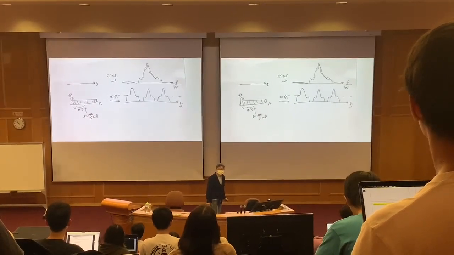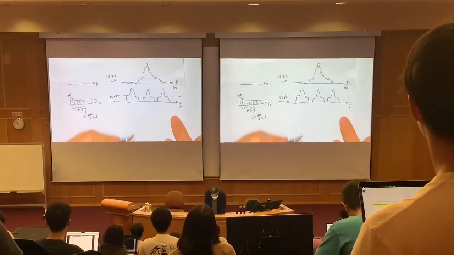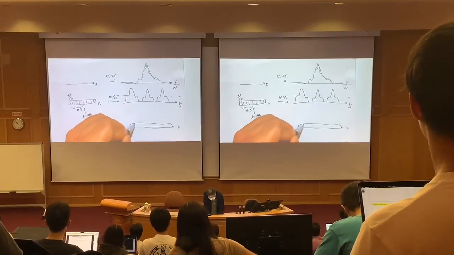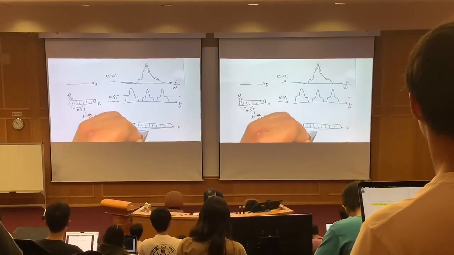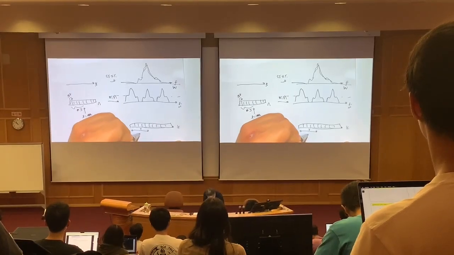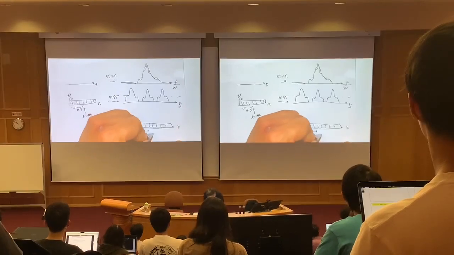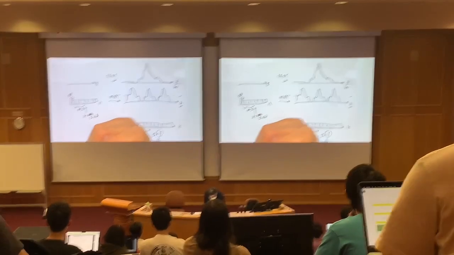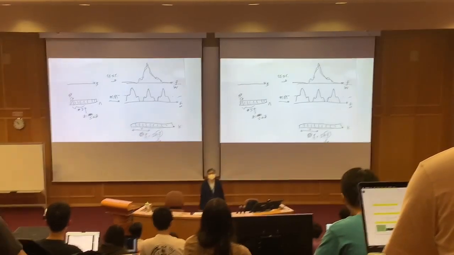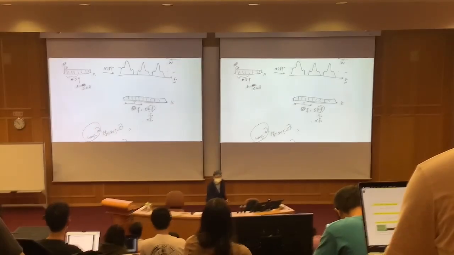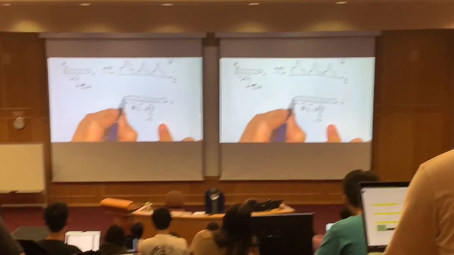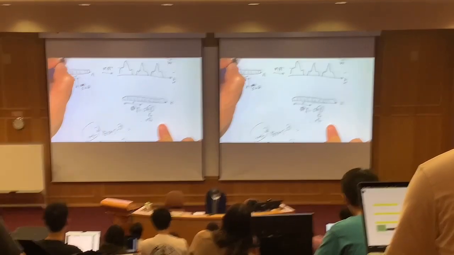Now, if you also discretize this axis by k, so if there are 5 units here, you represent the frequency as 5 times delta f, and the delta f, we call it f naught. 5 units of fundamental frequencies, understand? And because you discretize the axis here, let's say this is your time domain signal, may the force be with you.